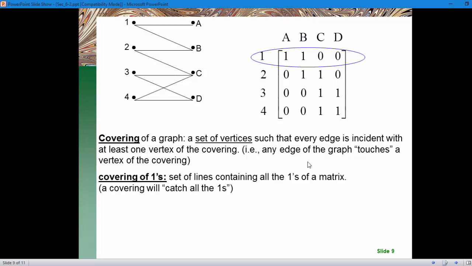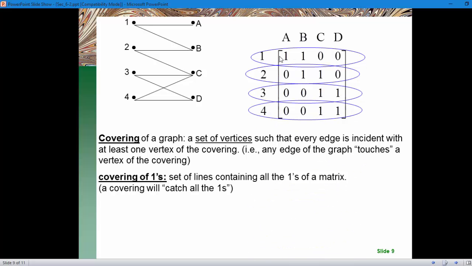So for example, if I circle that row, then I'm covering these 2 edges. It's the same as selecting vertex 1. Vertex 1 will take care of these 2 edges here. And then I can circle row 2, row 3, row 4. So that is a covering.